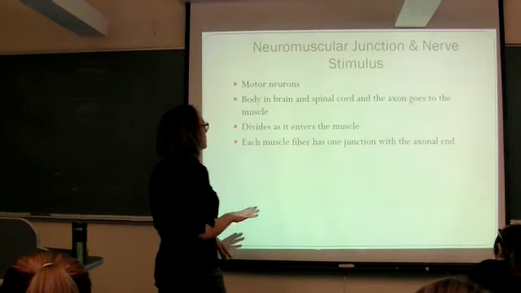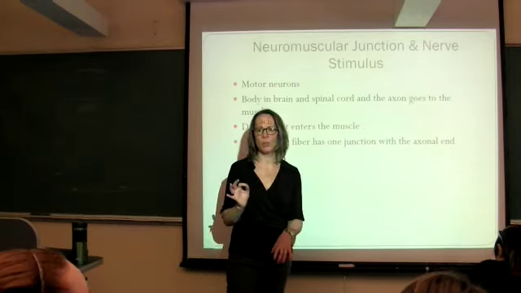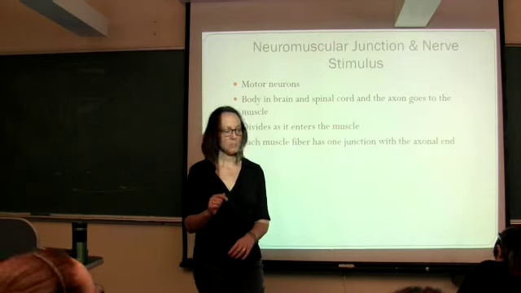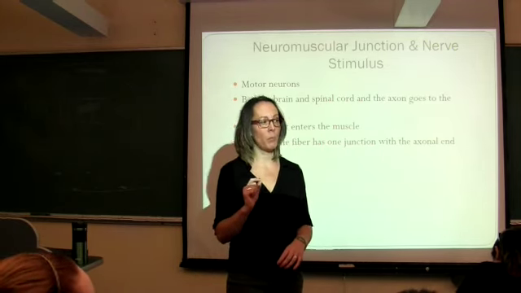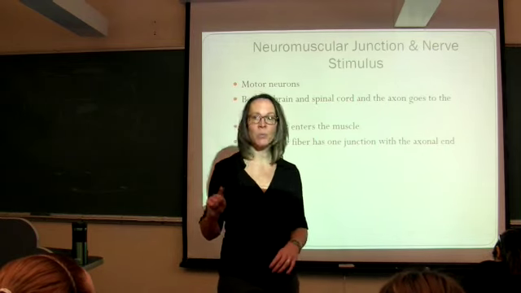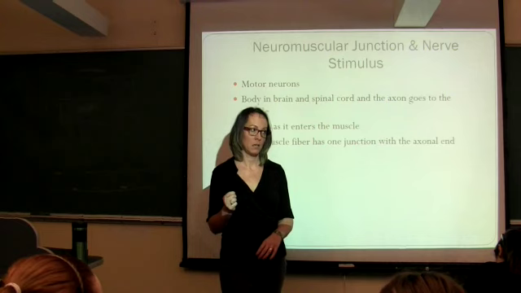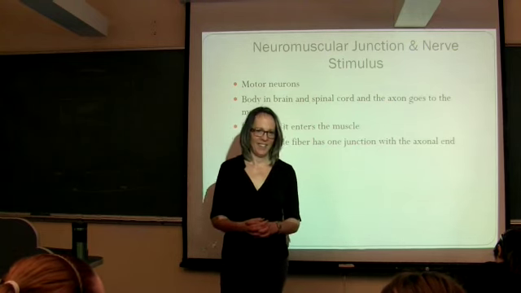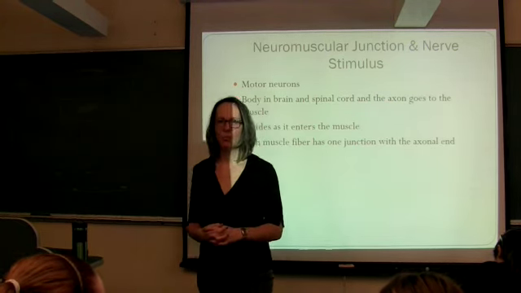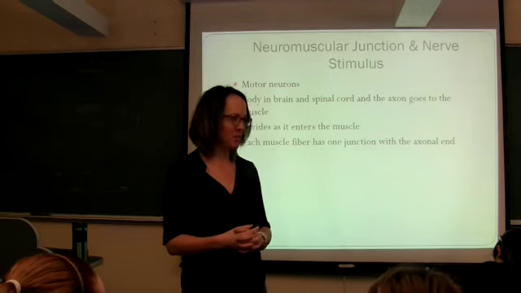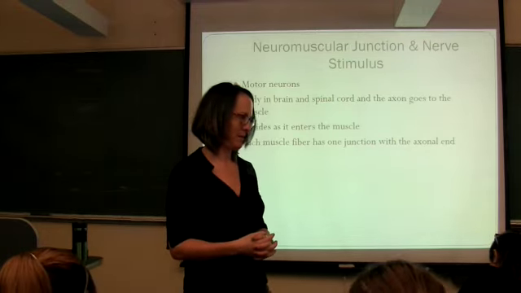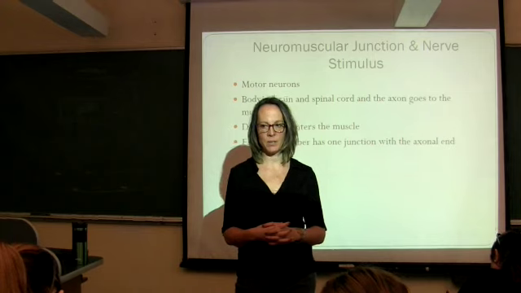What we're going to focus on specifically here are motor nerves. So when you're talking about a motor nerve, does anyone remember where it starts in the brain? We talked about it. Pre-central gyrus. Good.